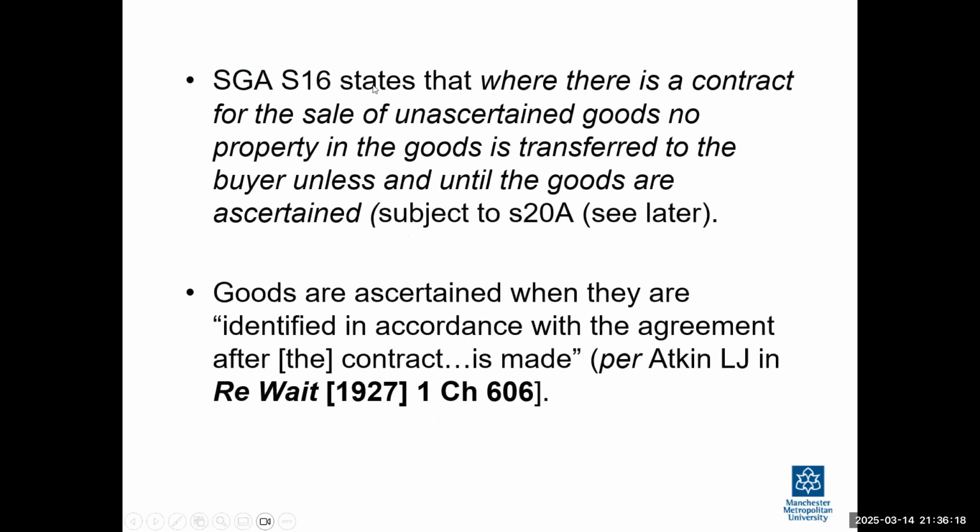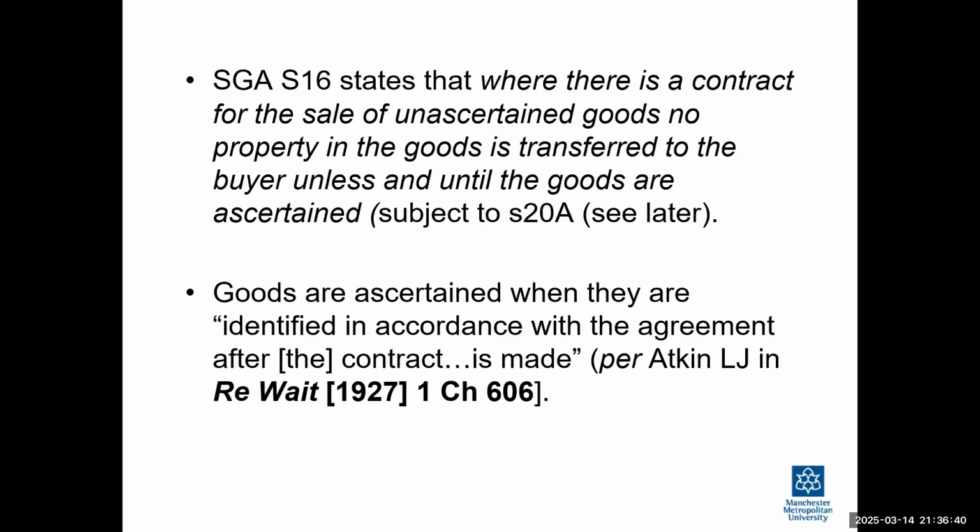Section 16 provides that in the sale of unascertained goods, there cannot be passing of property unless the goods become ascertained. Because how can you say, oh, yeah, an iPhone, and say property has passed in an iPhone to you without identifying the iPhone that is subject to the contract?